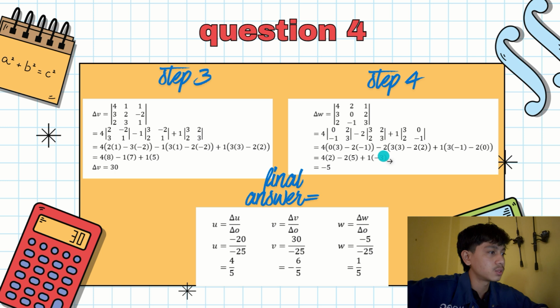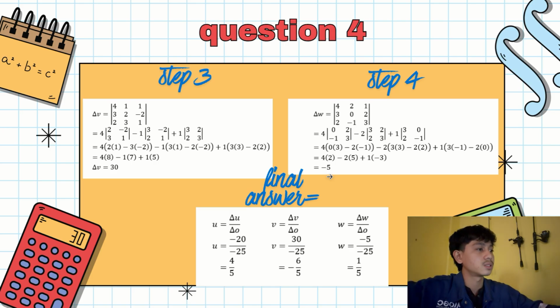Then minus 2 is multiplied by 3 times 3 minus 2 times 2. Finally, 1 is multiplied by 3 times negative 1 minus 0 times 2. After simplifying all of the terms, the value of delta w is negative 5.